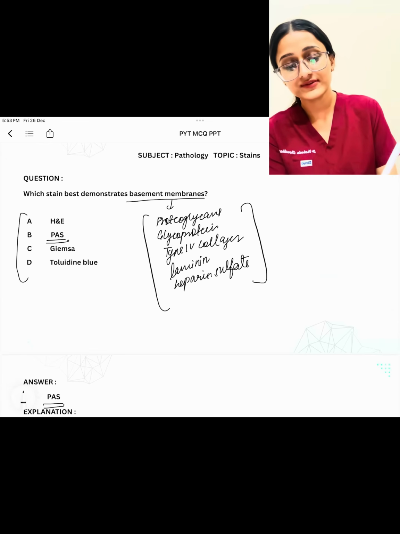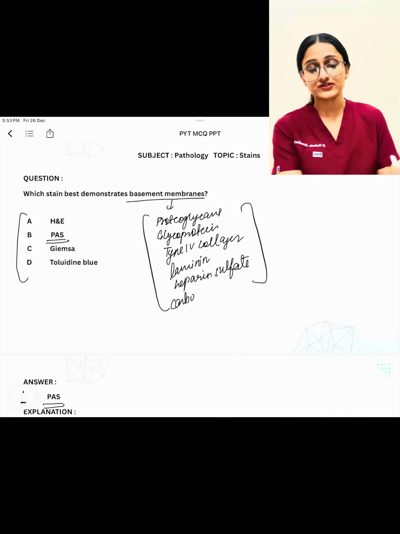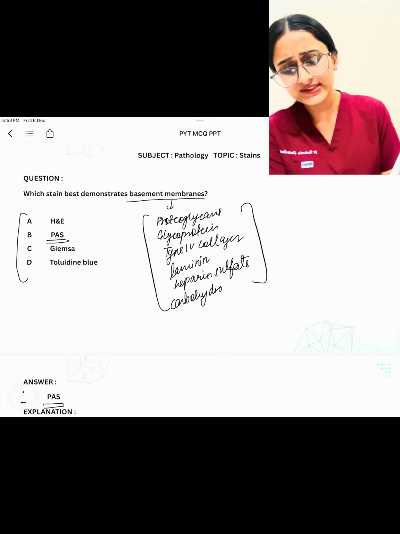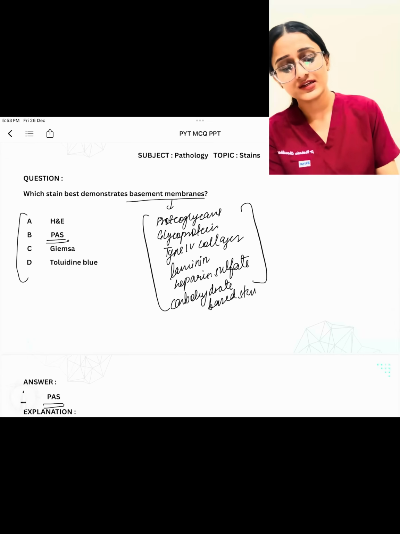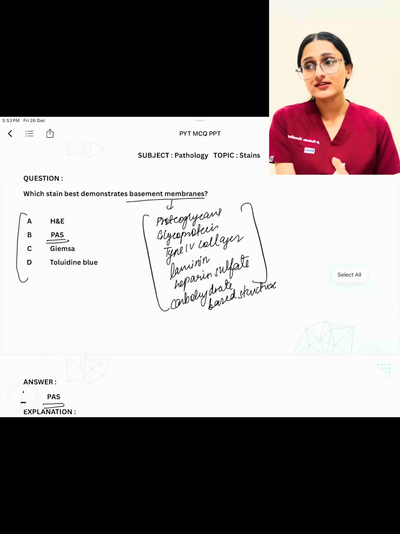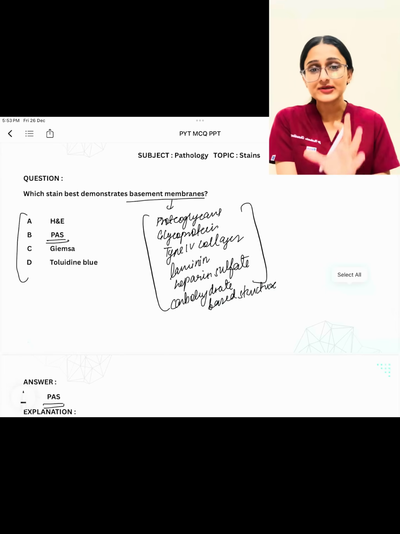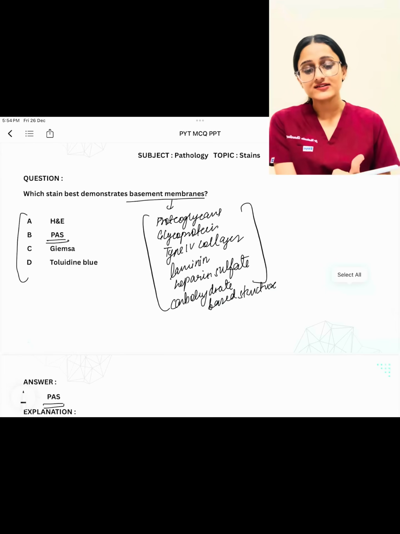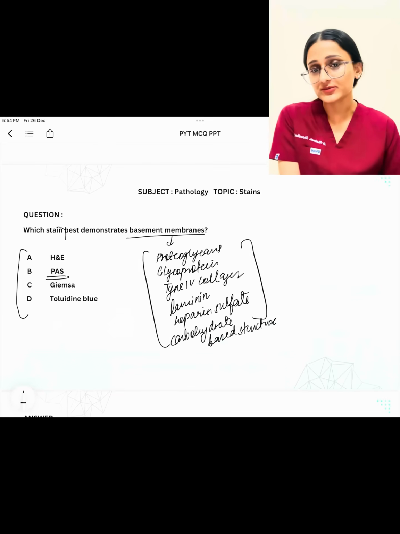So basement membrane is made up of these structures, and all these are basically carbohydrate based structures. So this PAS basically highlights the carbohydrate specific structures. So that's why PAS is useful to stain the basement membrane.